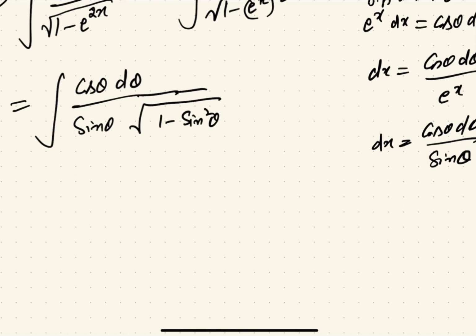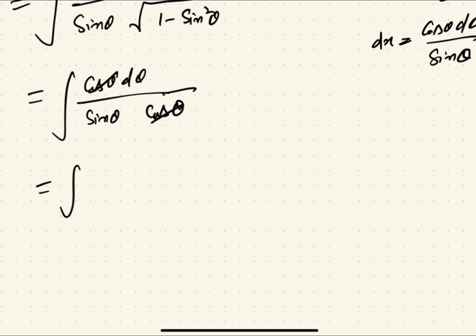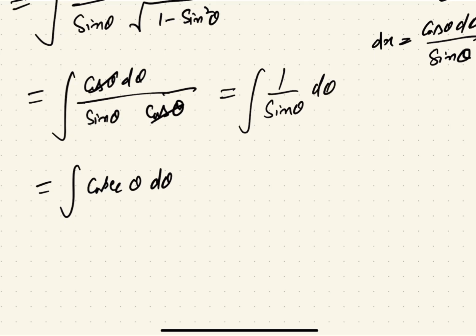Okay, 1 minus sine square is cosine square, so cosine theta d theta over sine theta times the square root of cosine square is cosine, and this cosine cancels with this one, and you are left with the integral of cosecant theta d theta, because this is 1 over sine theta d theta, and you take this sine to the numerator, and that will be cosecant theta, and this integral is equal to log of cosecant theta minus cotangent theta.